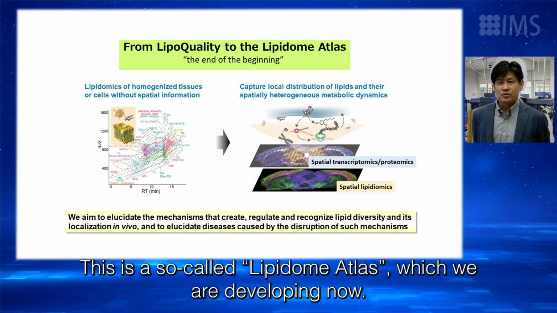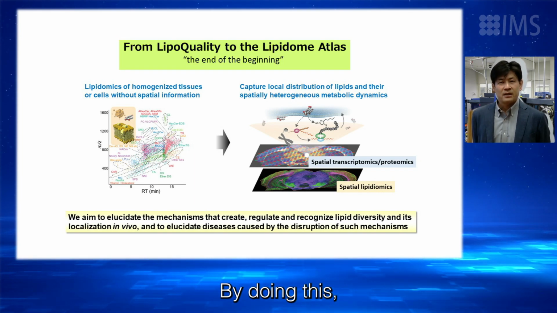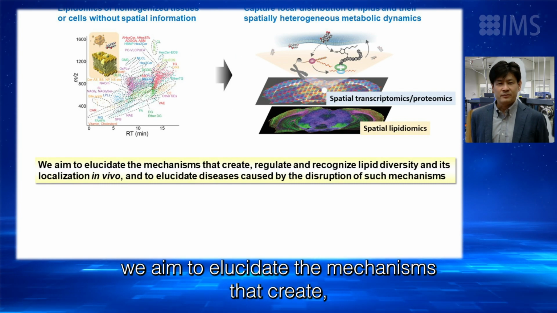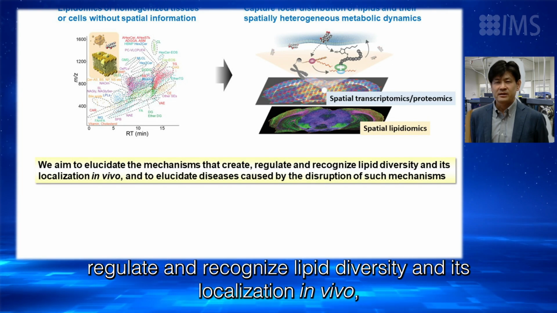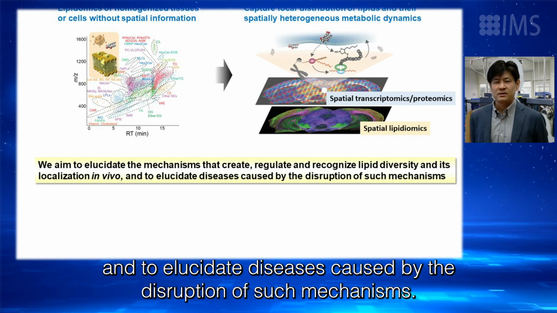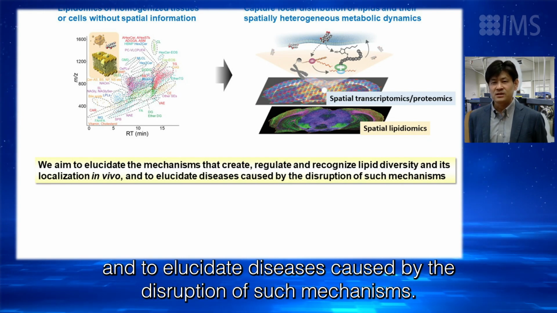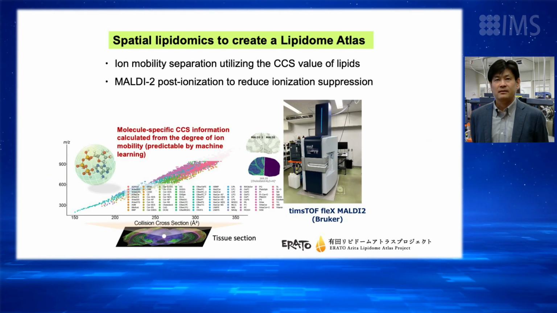This is the so-called lipidome atlas, which we are developing now. By doing that, we aim to elucidate the mechanisms that create, regulate, and recognize lipid diversity and its localization in vivo, and to elucidate diseases caused by the disruption of such mechanisms.